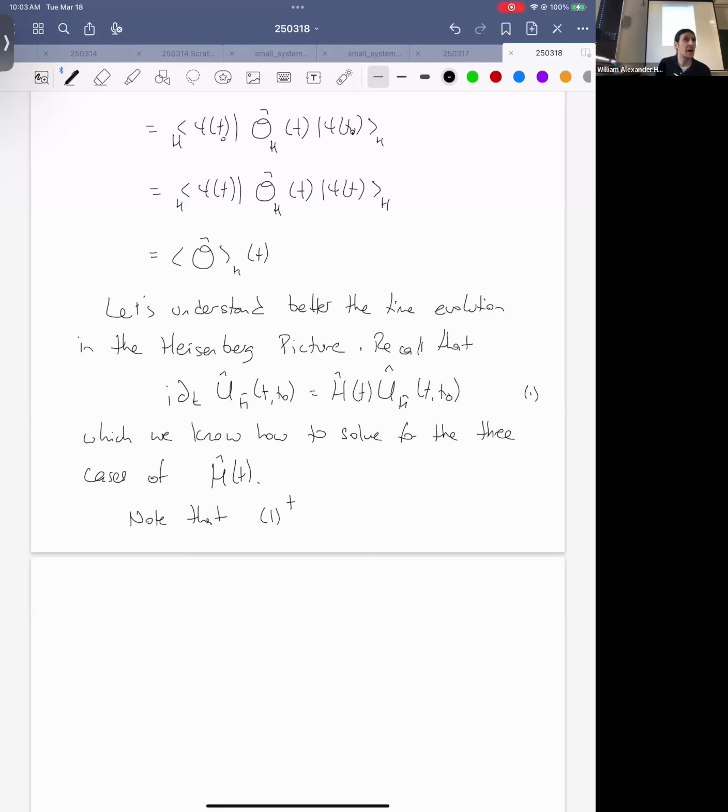Let's start on the left-hand side. The i becomes minus i, good. Partial t, my unitary operator becomes the unitary operator Hermitian conjugate.